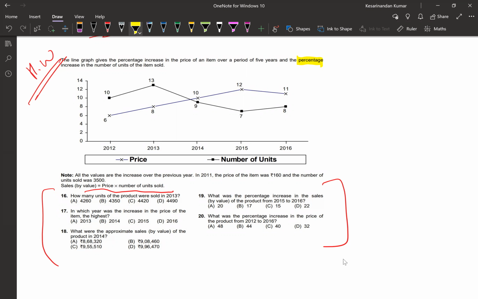Clear everyone? Then yes, there was a quite similar question. If you can refer to the CAT 2015 question paper, there was a quite similar question. In that, instead of options, they had subjective questions.